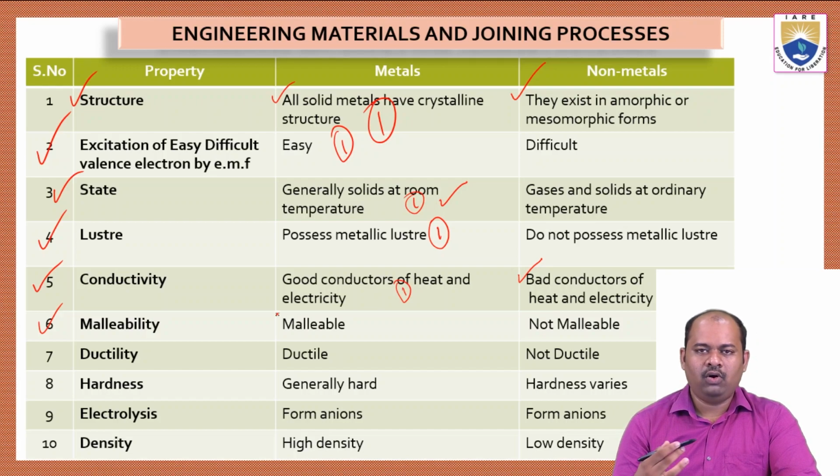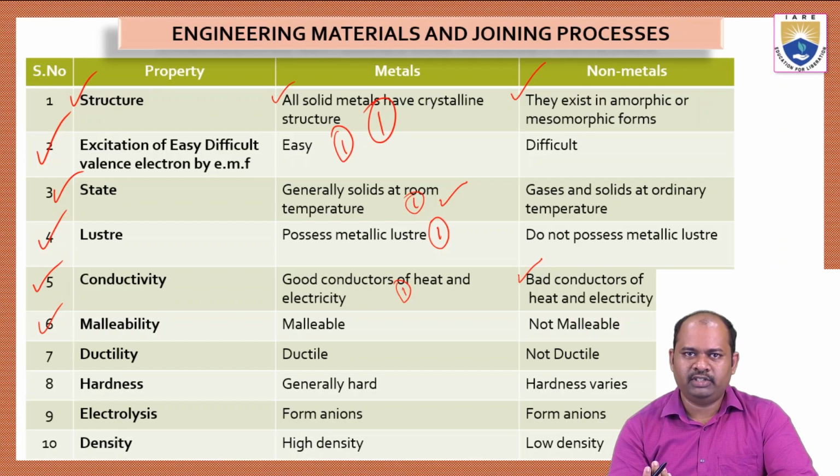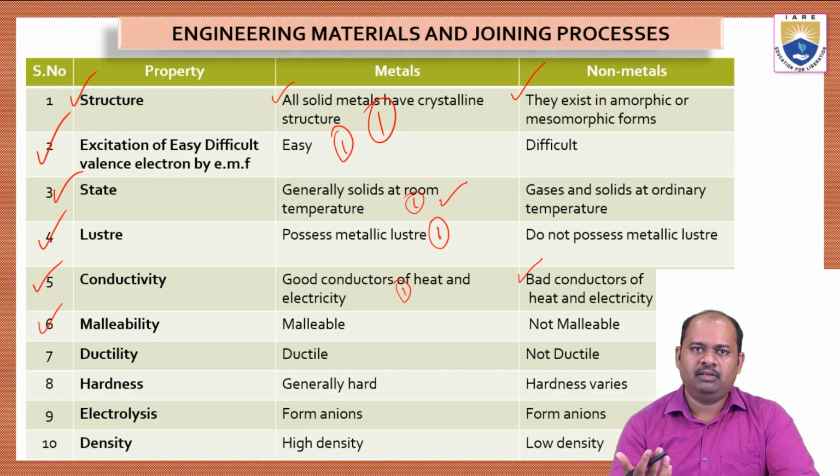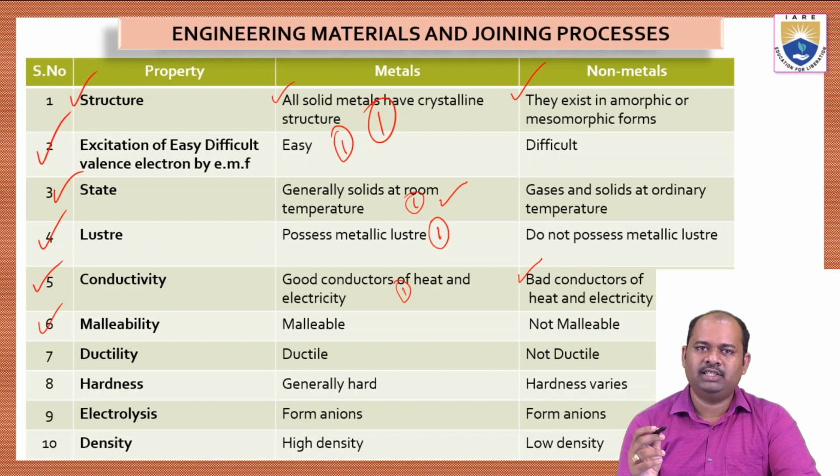Even though not all metals have the malleability property, upon changing the composition of the metal, any metal can have the property of malleability. Generally iron does not have malleability, but by adding other components like silicon or copper, the malleability of iron can be increased.